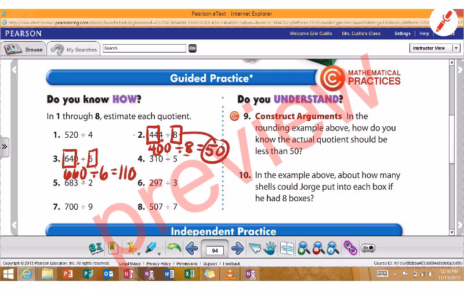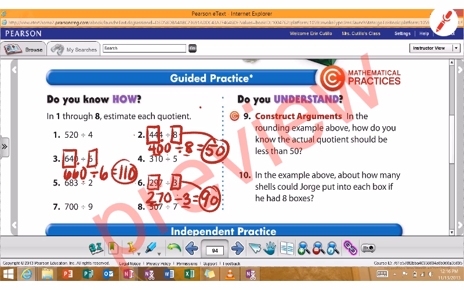One more example would be 297 divided by 3, number 6 here. 29 and 3. The number closest to 29 that we can divide by 3 evenly, what is it? It's 27, okay? One digit at the end, so it has to be a 3-digit number. 270 divided by 3. 27 divided by 3 is 9, 0 at the end, so 90 is our estimate.